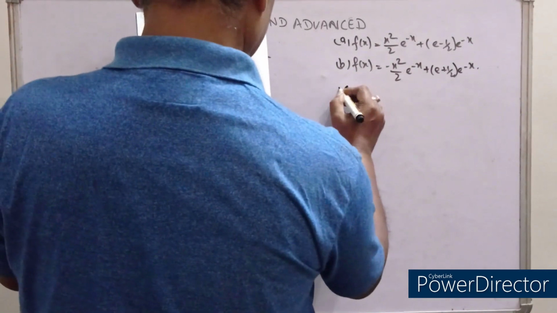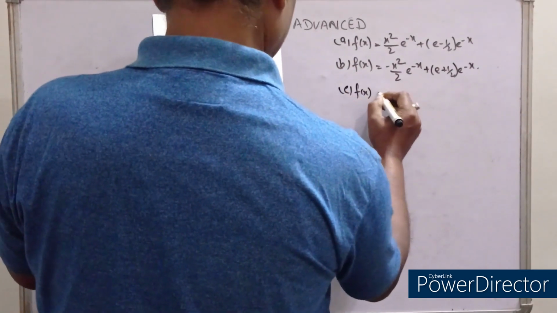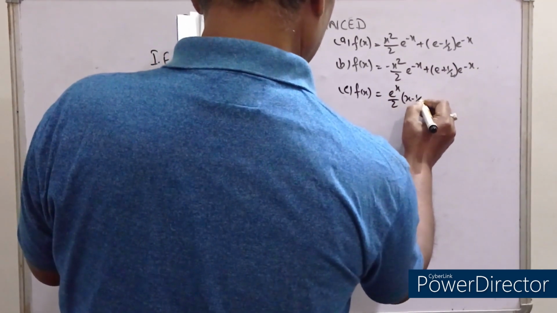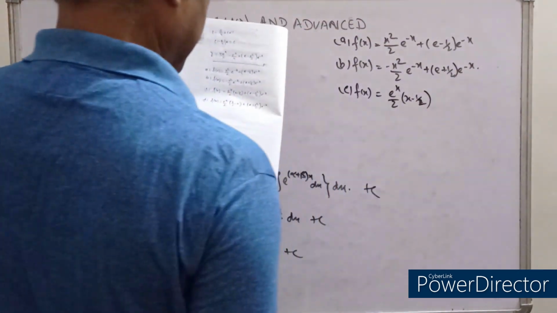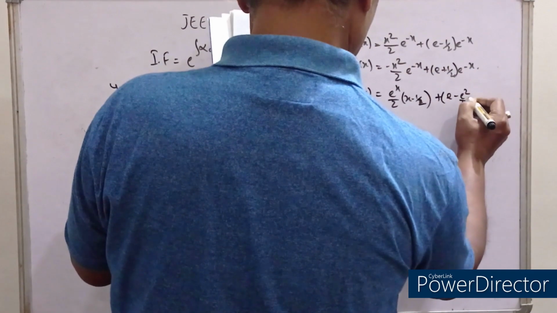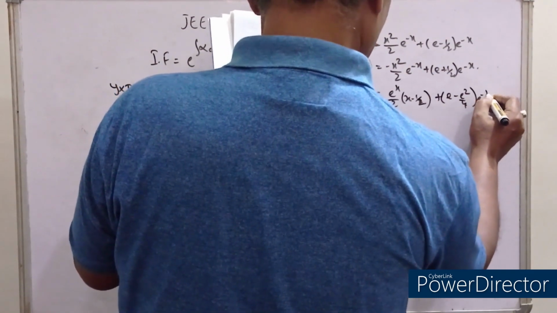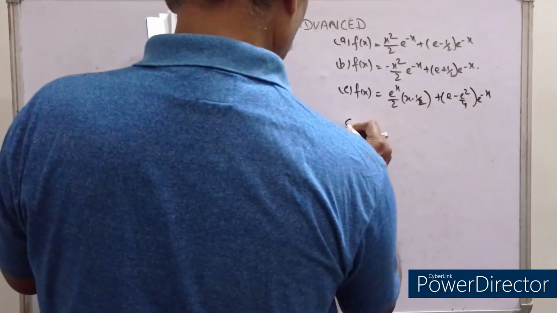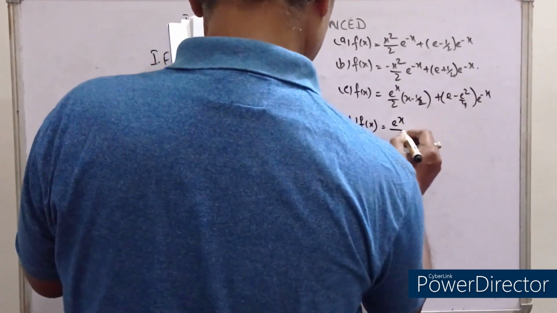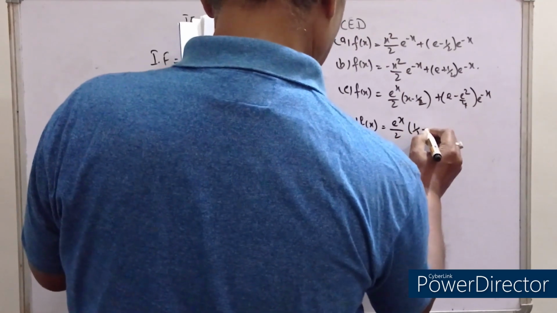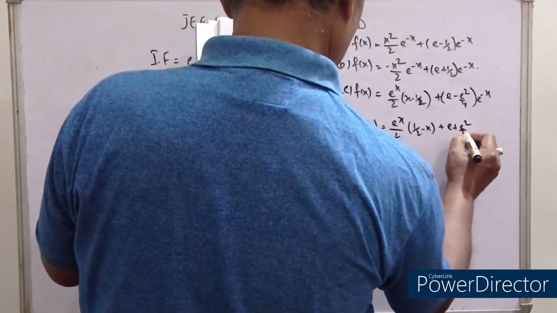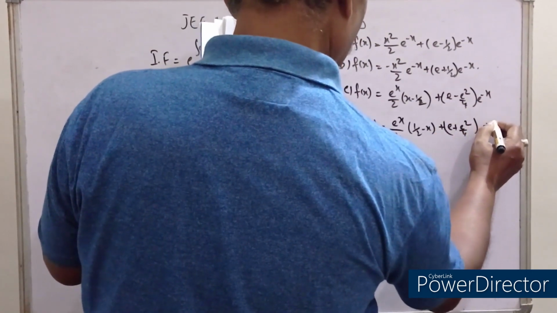Your third option is f(x) = e to the power of x by 2 (x minus 1 by 2) + (e minus e square by 4) e to the power of minus x. And your fourth option, f(x) = e to the power of x (1 by 2 minus x) + e square by 4 e to the power of minus x.